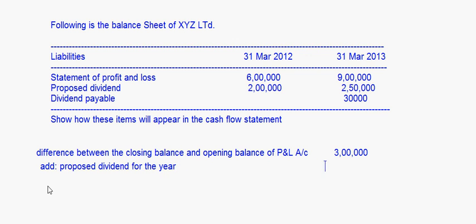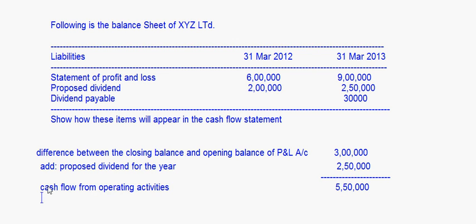That is how much? 2,50,000. So that comes to 5,50,000. This is the cash flow from operating activities, right?